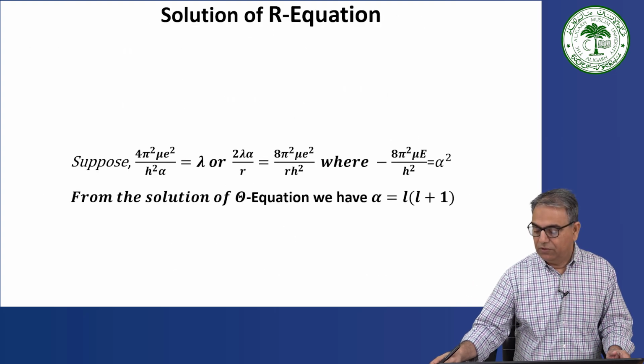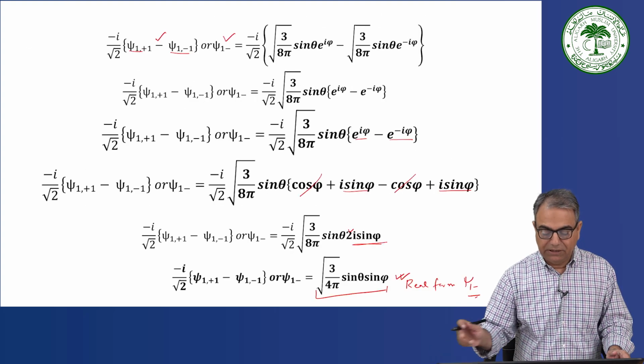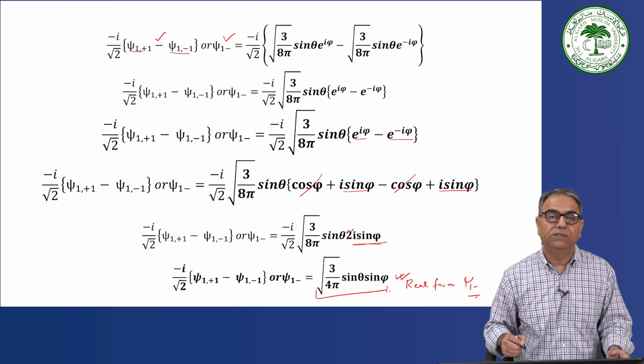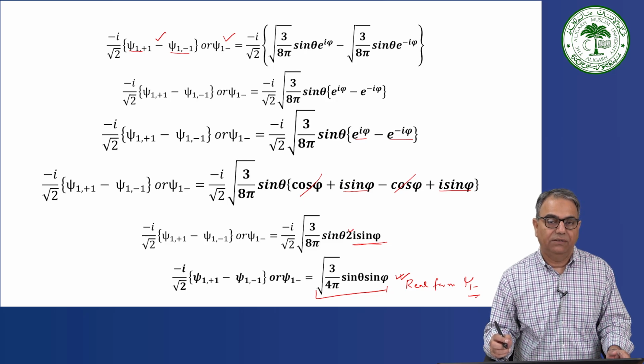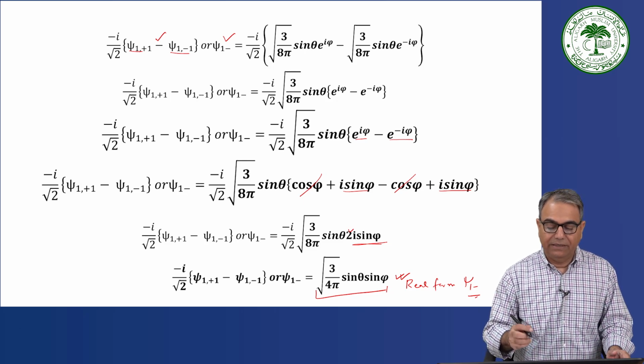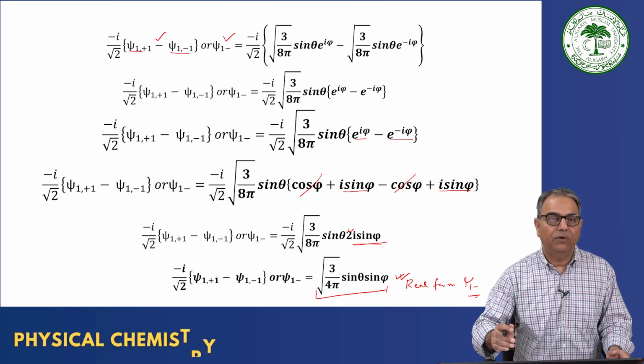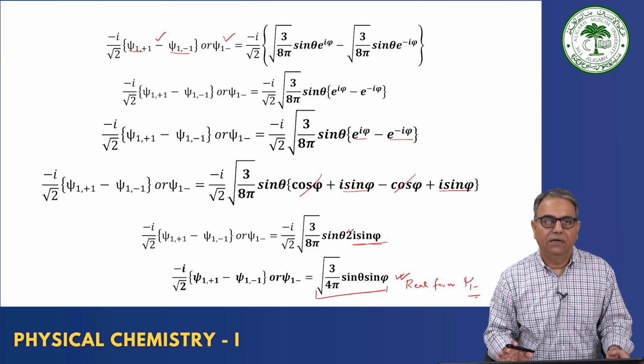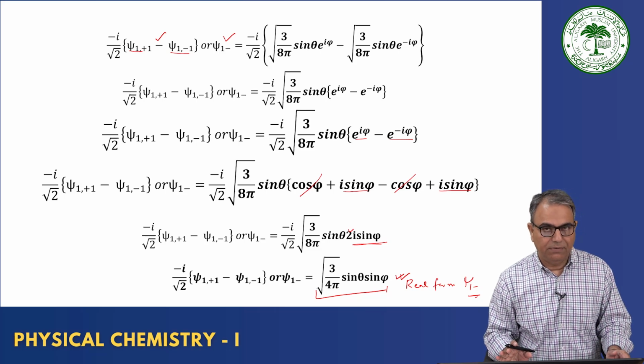Orthogonality we will not do. This interpretation is important because this will give you the angular dependence of the wave function. This was the angular part, phi equation and theta equation. We did not do the solution. The solution was already there because we did it in the rigid rotor problem.